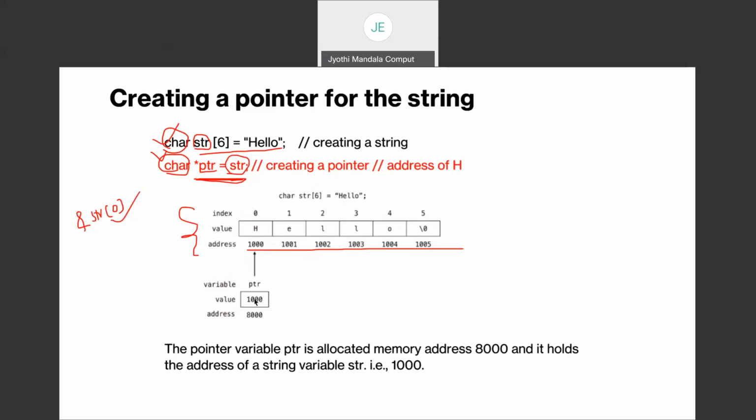That means for ptr, one more allocation will be allocated, and its address is 8000. And what is the value that will be stored in ptr? The base address of this str. What is the base address? Our 1000, that will be stored here. Are you understanding, all of you? This is same like your one-dimensional array only. Because a string is also a one-dimensional array where only the data differs, where here the data is all character types.